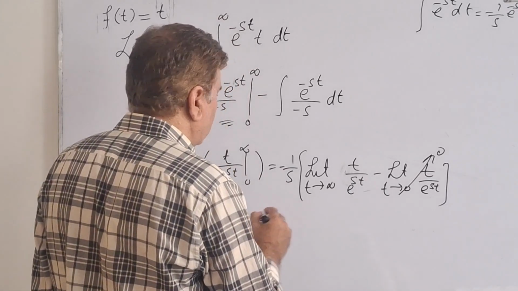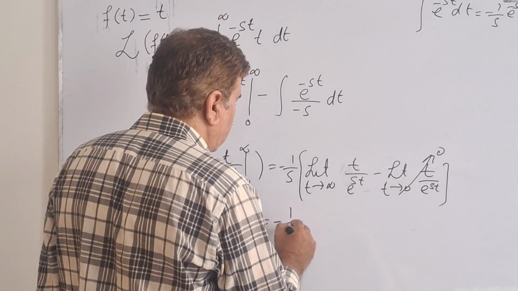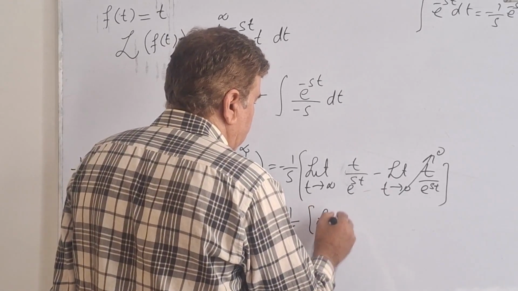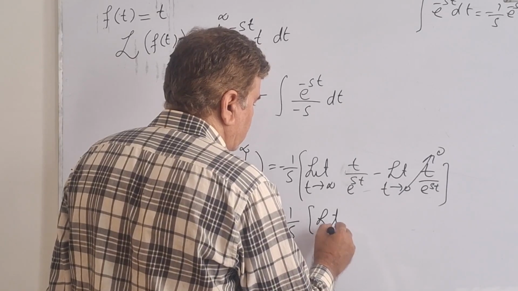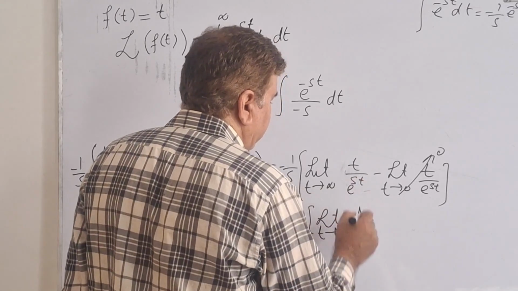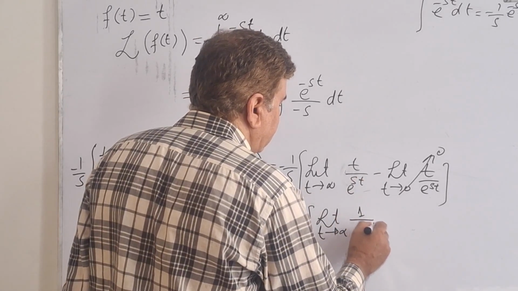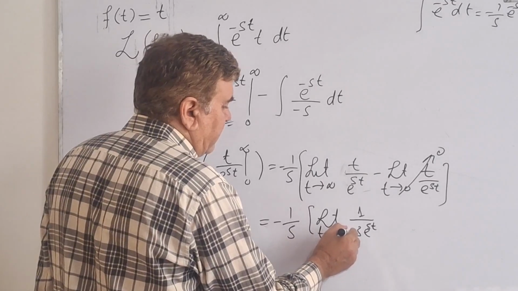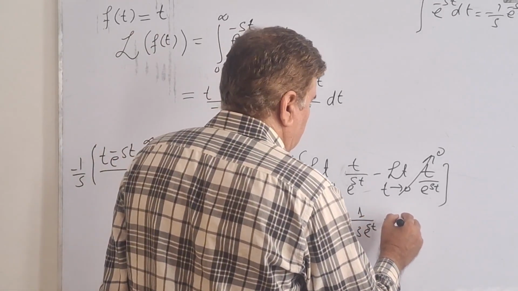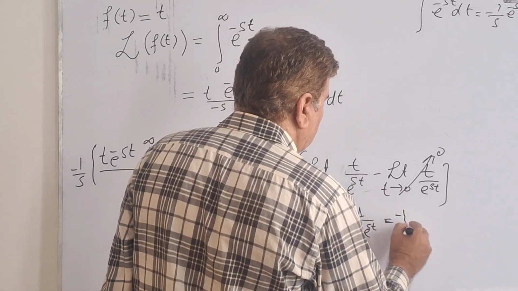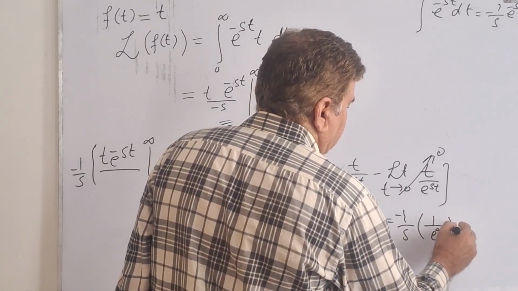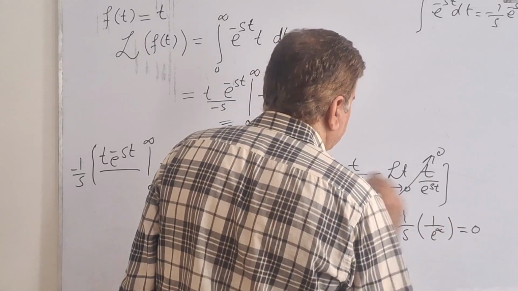In applying L'Hopital's rule, I can write this as minus 1 over s into the limit t tends to infinity, the derivative of the numerator is 1 and the derivative of the denominator is s e to the st. Now if I put infinity, this gives me minus 1 over s into 1 over e to the infinity, and this obviously is equal to 0.